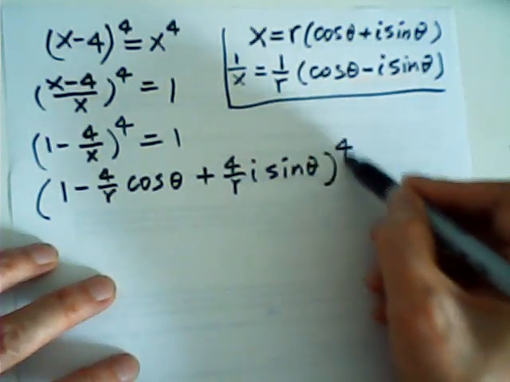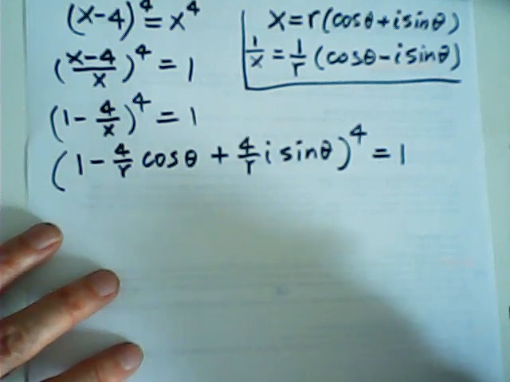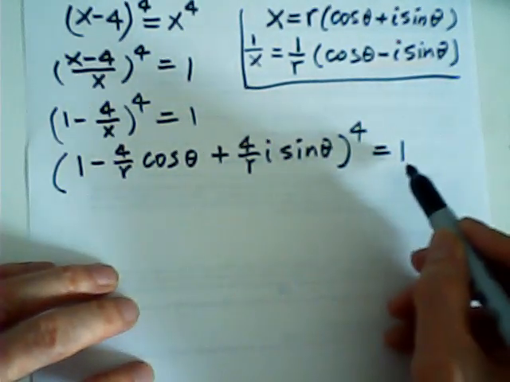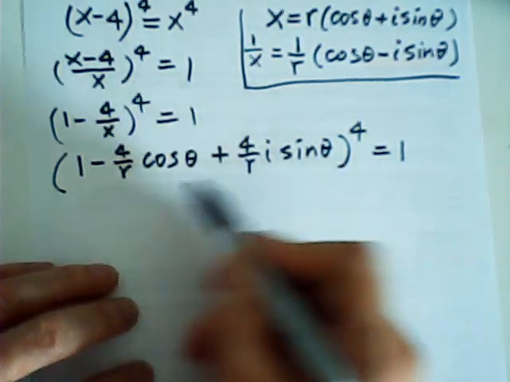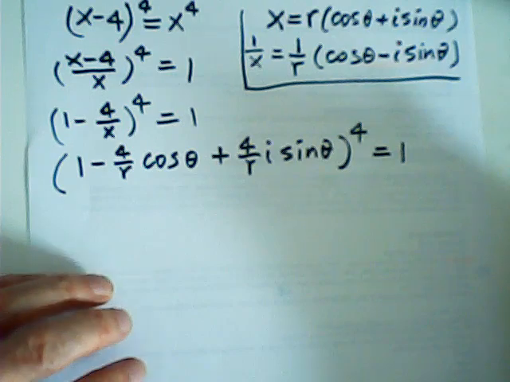Yeah, 4th time. Correct. Now, see, this is 1, right? Therefore, the modulus of this complex number is equal to 1.